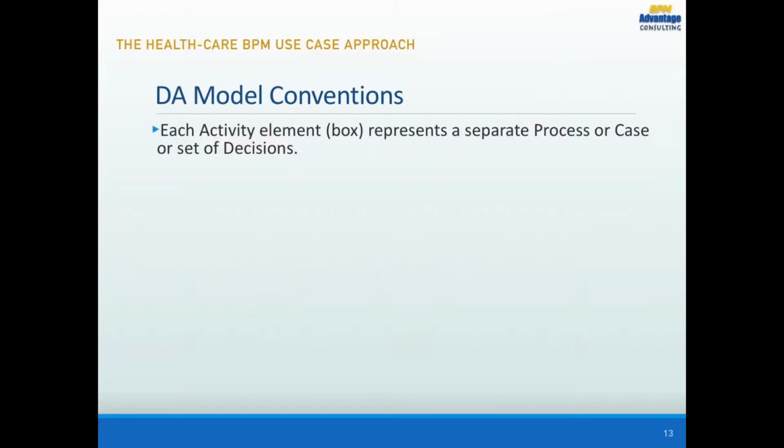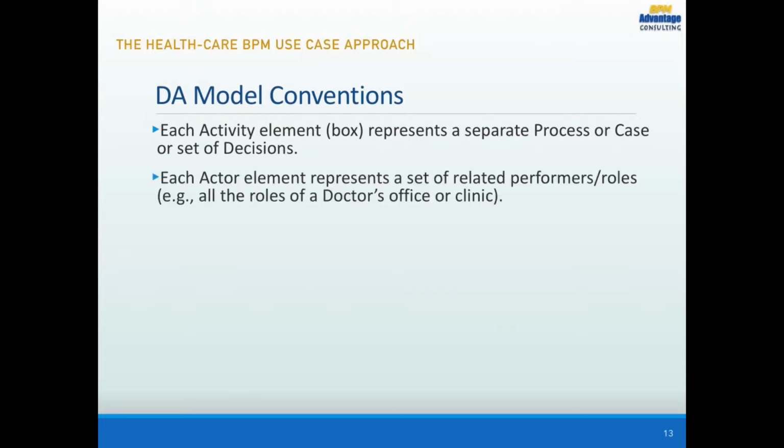And from there, we set some conventions for creating these models. Each activity, or green box that we saw, represents a separate process or case or set of decisions within that clinical pathway. Each actor represents a set of performers or roles that perform the activities.